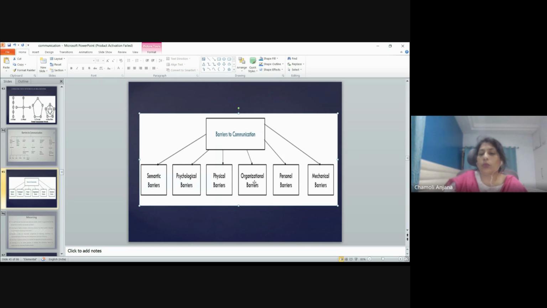Organizational barriers include rigid rules and regulations in the organization. Some organizations have very rigid rules, like the chain hierarchy we just saw in bureaucratic organizations. That acts as a barrier. Some organizations have a closed structure where they do not believe in transparency in communication. They don't like to disclose every fact to the employees.